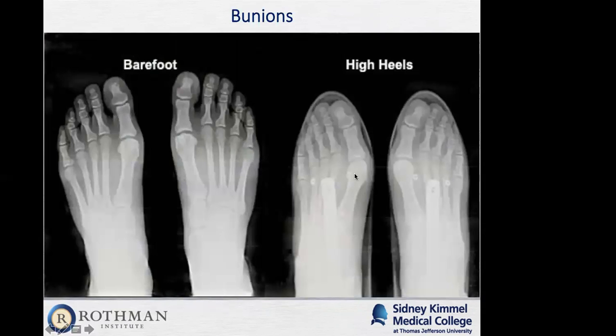Then we see that same patient on the right wearing a pair of high-heeled shoes, and you can see just how crammed in those toes become, and specifically the effect it has on the big toe. You can imagine that if someone is wearing this type of shoe wear for 8 hours a day, 5 days a week, for upwards of 50 weeks out of the year, the foot is eventually going to conform to that shape.